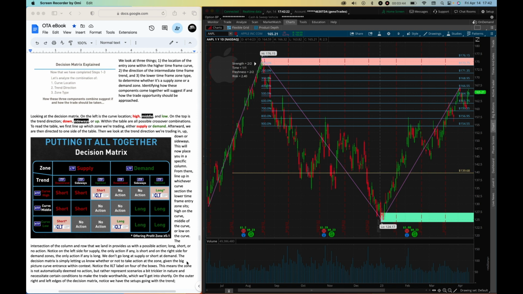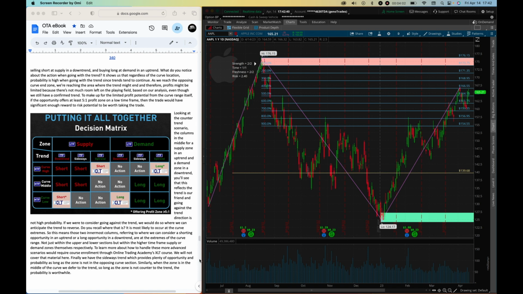On the outer right and left edges of the decision matrix, notice we have the setups going with the trend. Selling short at supply in a downtrend and buying long at demand in an uptrend. What do you notice about the action when going with the trend?